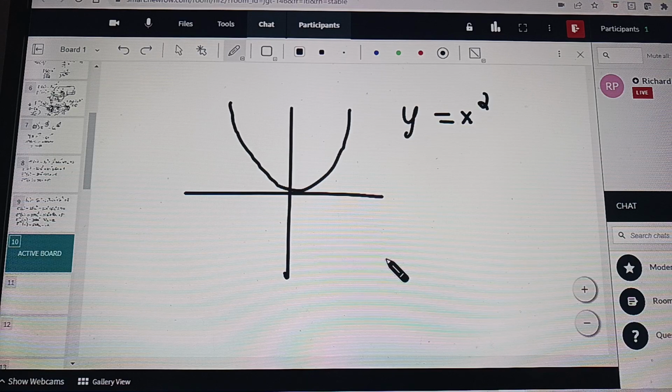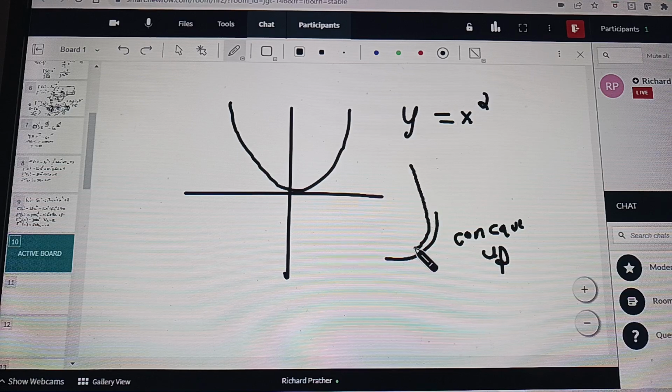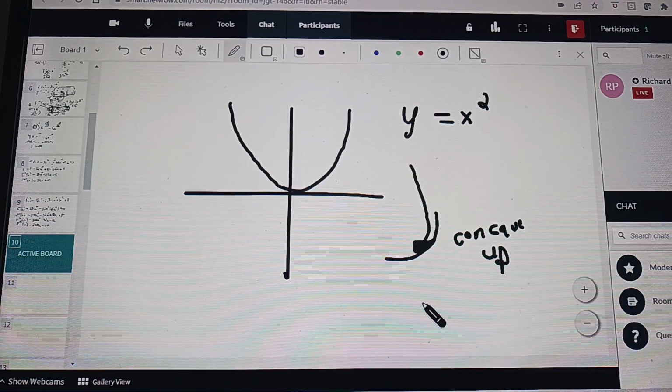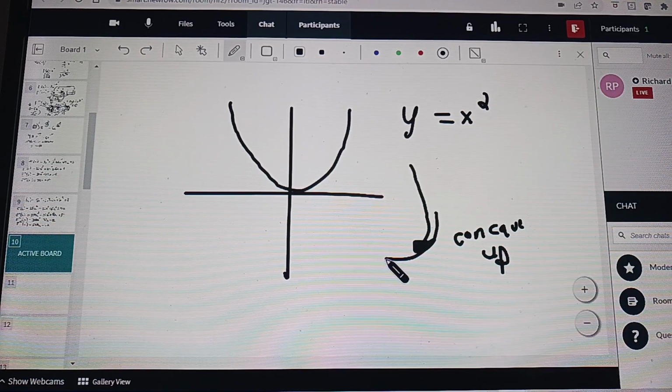But when you have curvature like this, this is called concave up. It's like if rain fell down in here, it would just kind of pool up inside of here. And you could hold it in that curvature. If it's curved enough, the rain wouldn't fall out.